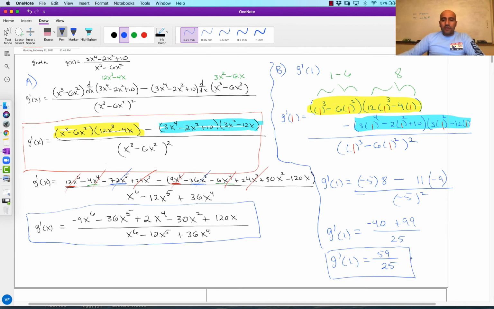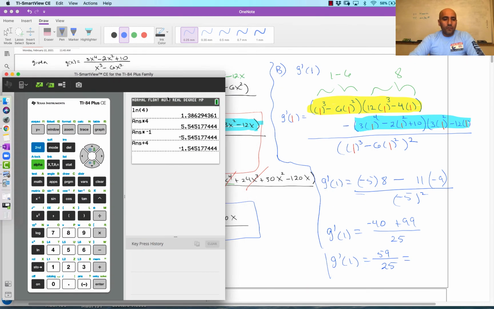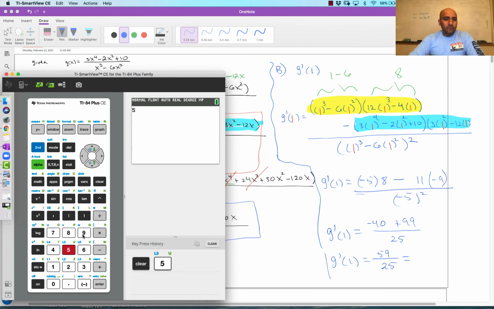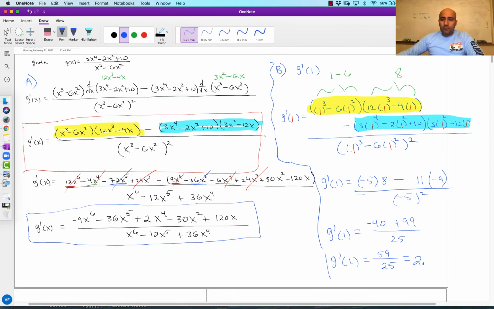Okay, we can also just turn that into a decimal to get a better sense. It's a little bit more than 2, right? So let's erase this over here, I guess. 2.36.